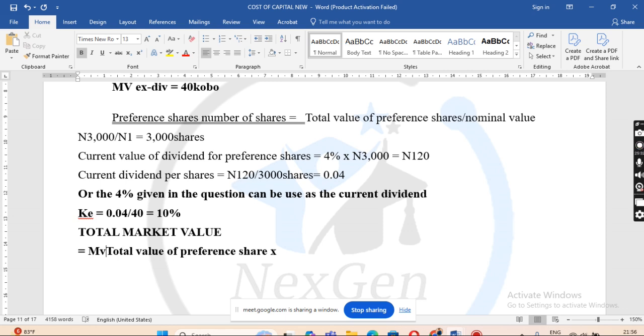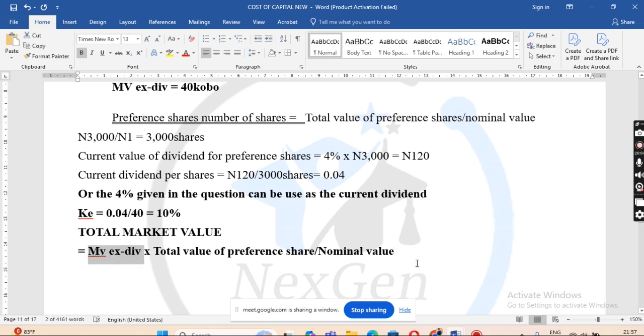Let's start from this part. Market value as div class times total value of preference shares divided by the nominal value of preference shares. Now, class, this market value as div class is per share.